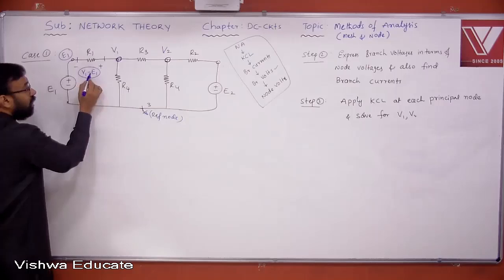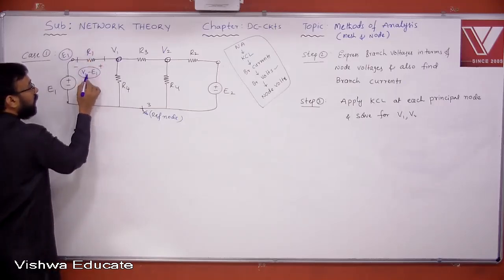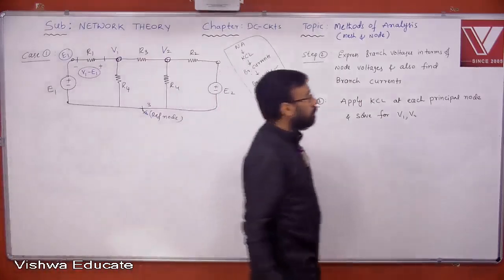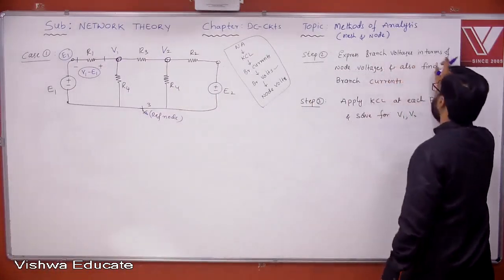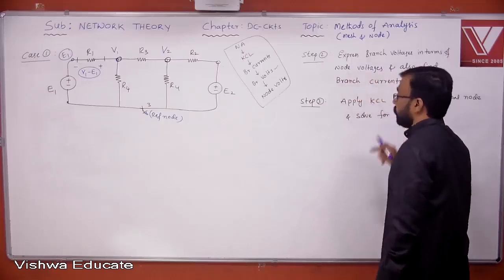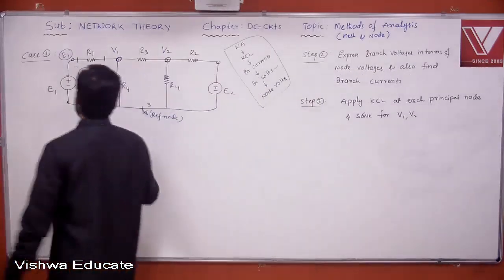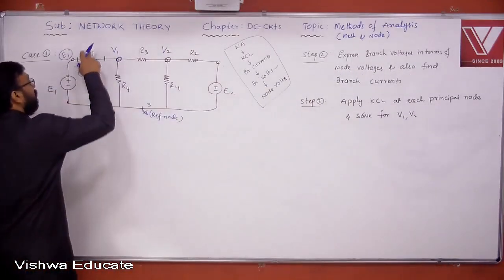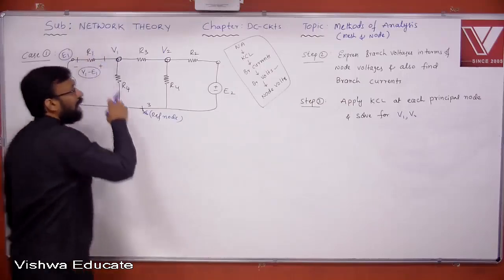This is the exact meaning of branch voltage. Branch voltage is expressed in terms of node voltage. You understand? Clear? Now, once you know the branch voltage, dividing by this resistance will give you the branch current.